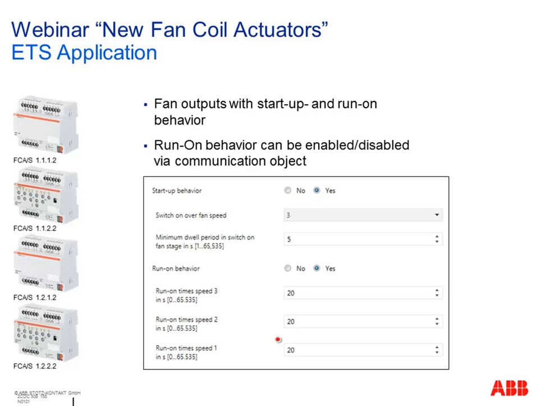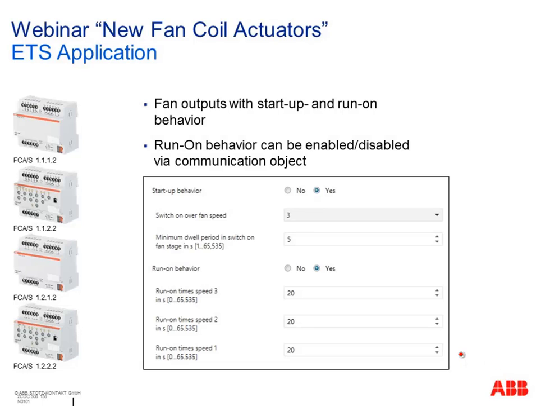Interesting if you have speed 1 active and you would like to switch off the fan. Normally you send control value 0, or you go to your push button and switch off, and the fan will go off. But if you have a time programmed here, and it's again 20 seconds, it will run another 20 seconds in speed 1. For example, to avoid any water condensation in your system.